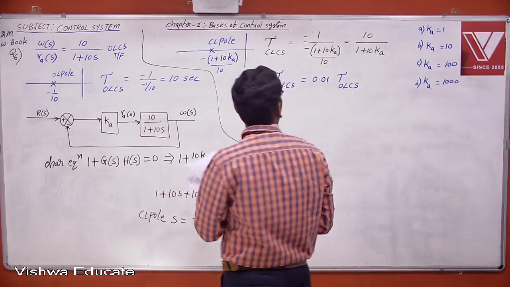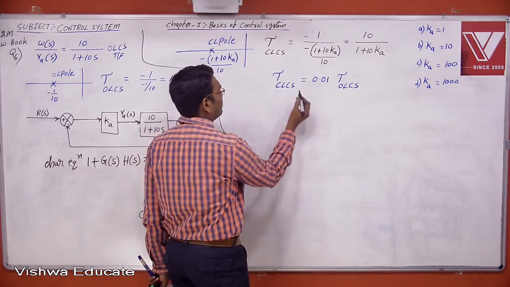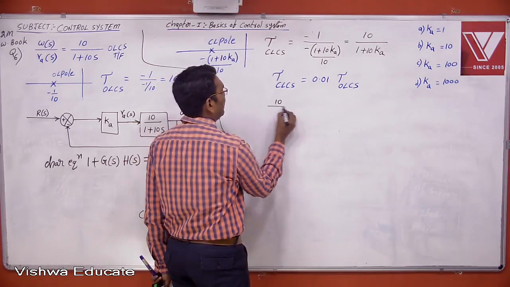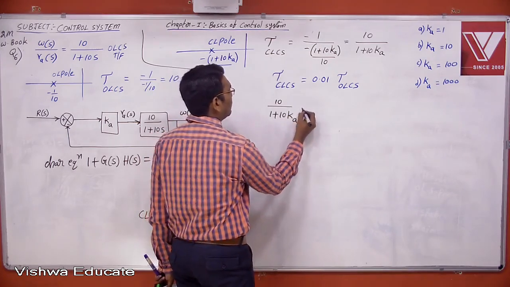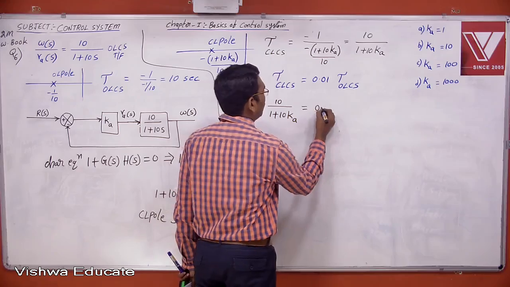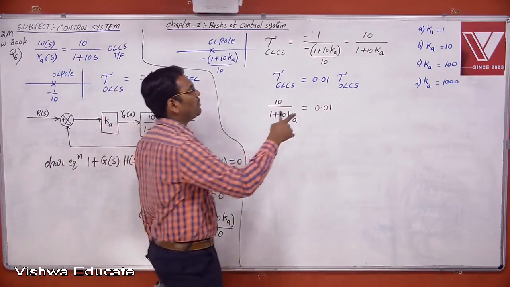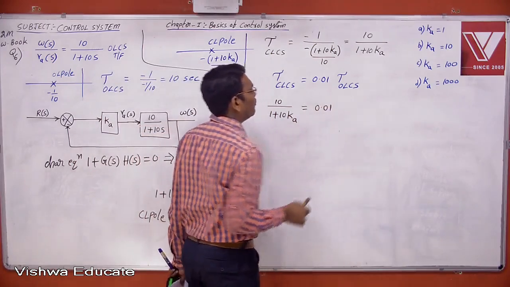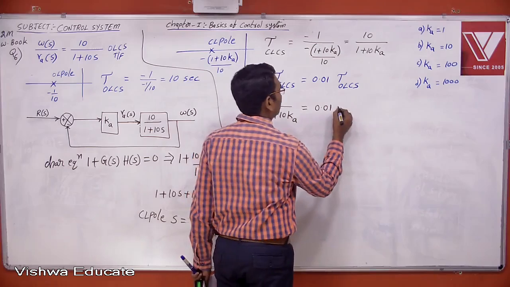Therefore, now see here, the time constant of closed loop control system. What is the time constant of closed loop control system? 10 by 1 plus 10 into Ka, which is equal to 0.01 times the time constant of open loop control system, which we are calculating, which is equal to 10.